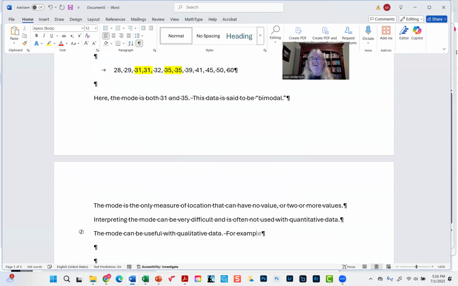For example, imagine that Apple does a survey of its customers' preferred colors for the iPhone, that is.